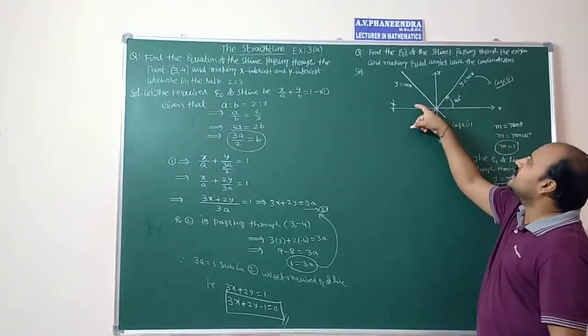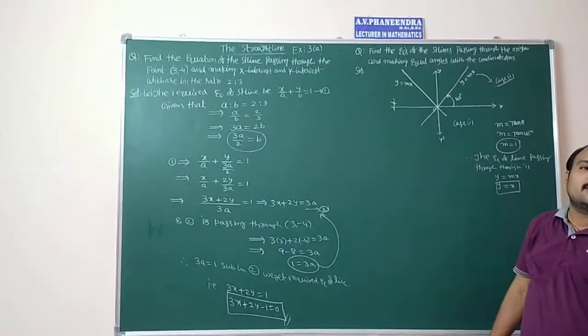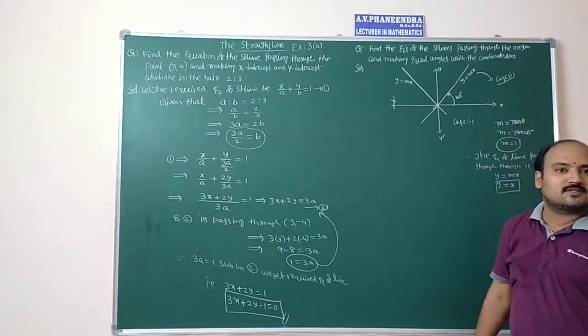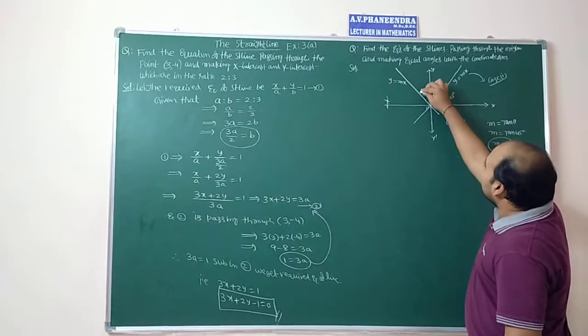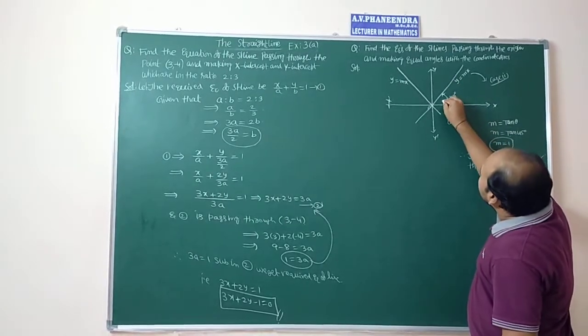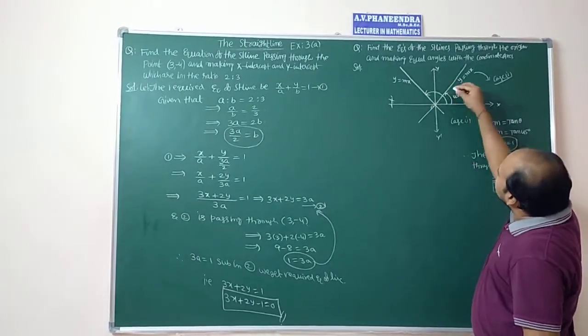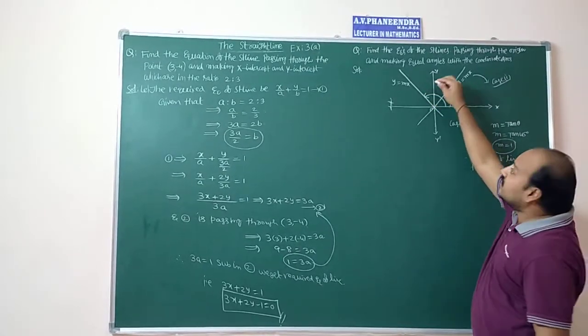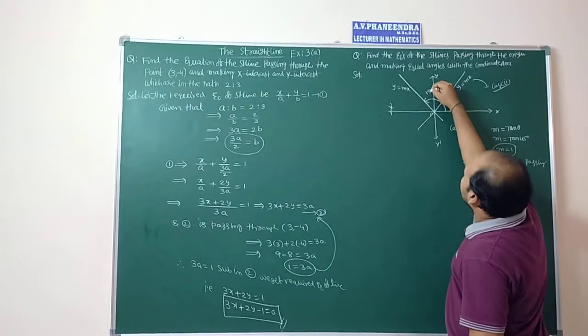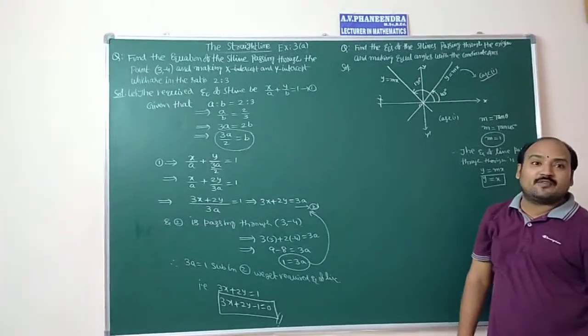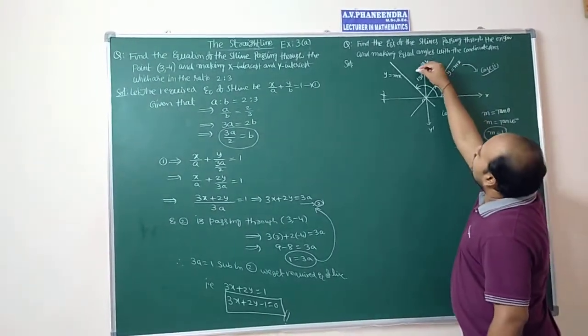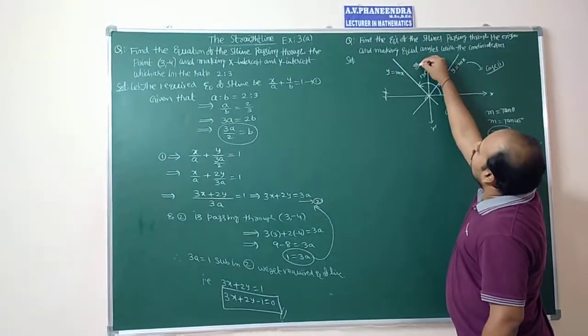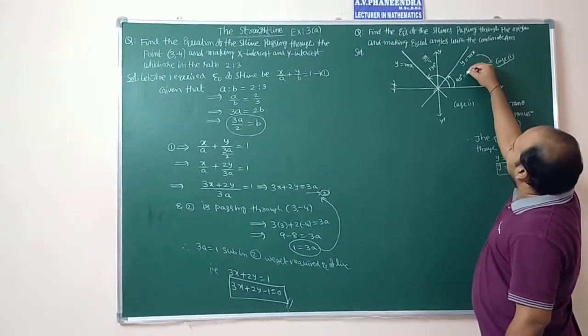This line is also making equal angle with the coordinate axes, the positive y-axis and negative x-axis. But this line makes an angle with the positive x-axis of 90 till here, after that 45. 90 plus 45, 135 degrees. So this line makes an angle of 135 degrees. 135 degrees in terms of radians is 3 pi by 4. 45 degrees in terms of radians is pi by 4.